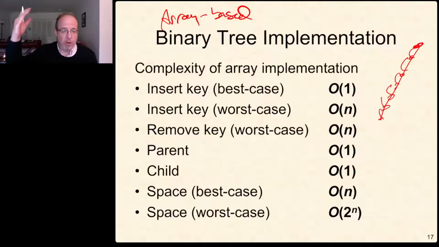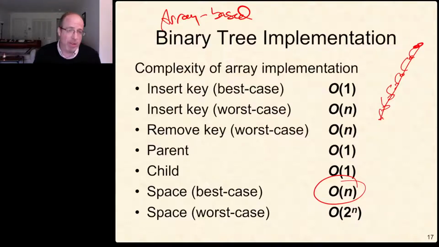It's the index over 2 and the floor. The child is also really cheap. It's index times 2 or index times 2 plus 1. In the best case, if it happens to be a complete tree, it's very efficient in space. It's linear. You have to represent all of the elements. You can't do better than linear to represent n elements. You need n pieces to do it, assuming they're unique.